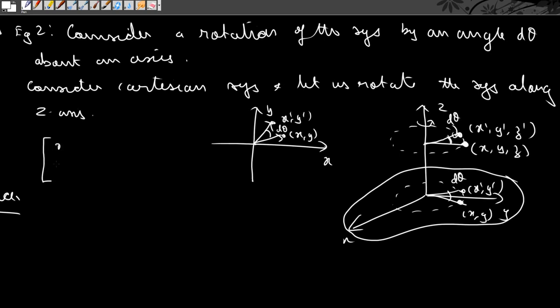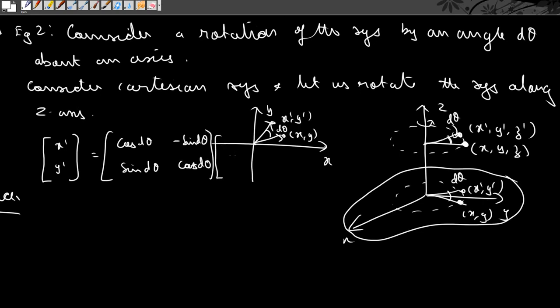The new set of coordinates x dash, y dash is equal to the matrix cos d theta, minus sine d theta, sine d theta, cos d theta, times the initial position vector xy. Okay, so this is going to be approximately the matrix 1, minus d theta, d theta, 1 when d theta is infinitesimally small.